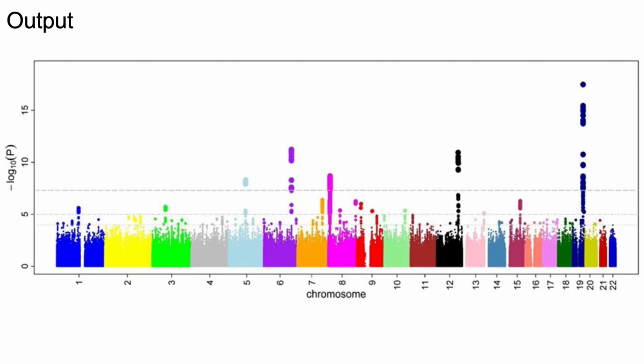Finally, after all the analysis, most of the research papers will show a plot like the one you're seeing currently. It's called a Manhattan plot. Each dot, although the image is not very clear, is a result from all those simple linear regressions or a multiple linear regression, depicting a p-value compared against the multiple testing adjusted threshold, which usually is accepted as 5 times 10 to the power minus 8.